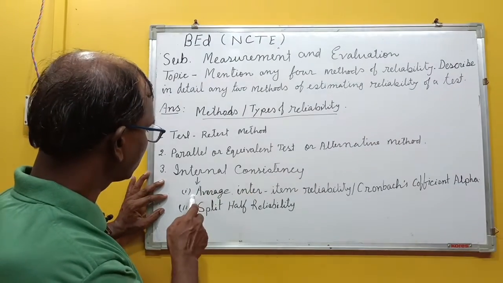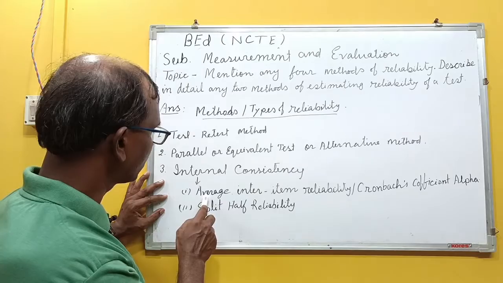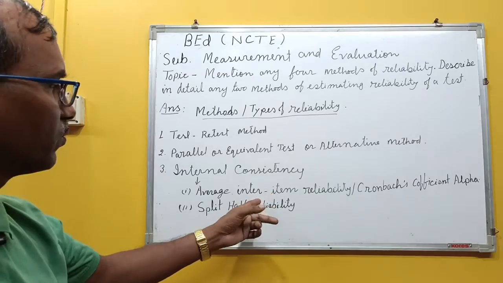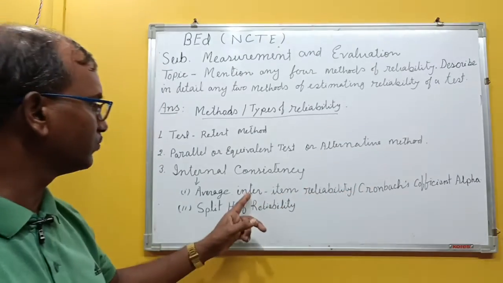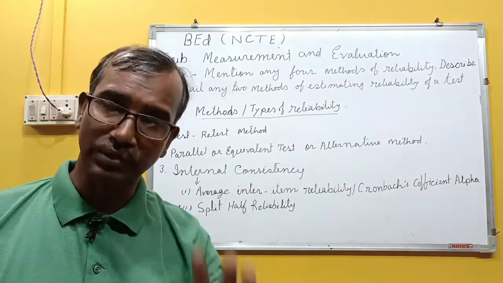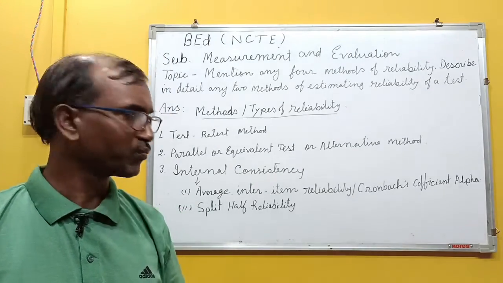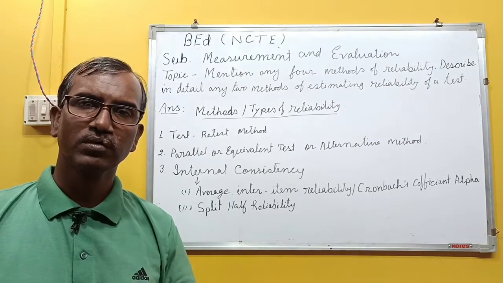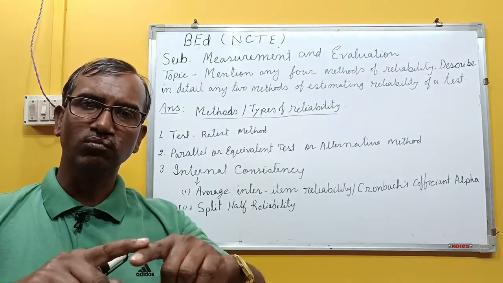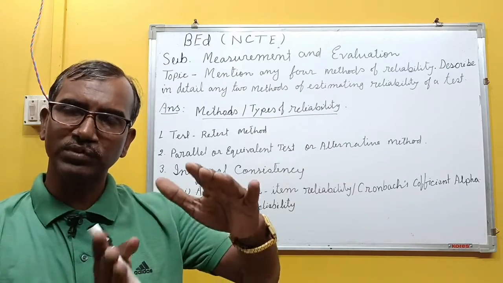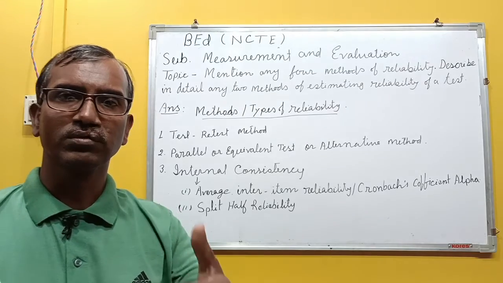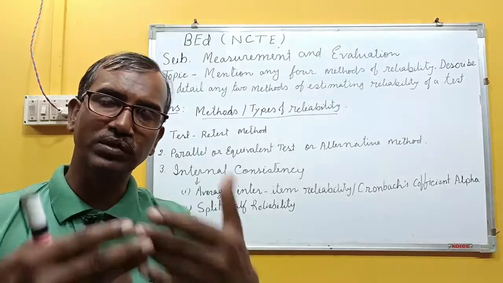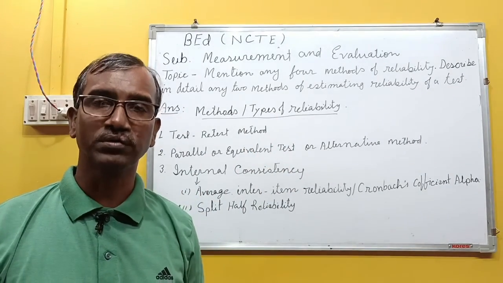So internal consistency may be found out in two ways. A, average inter-item reliability. There are different items or questions in a test. All the items may be displayed separately, or given out for the opinion of different experts.